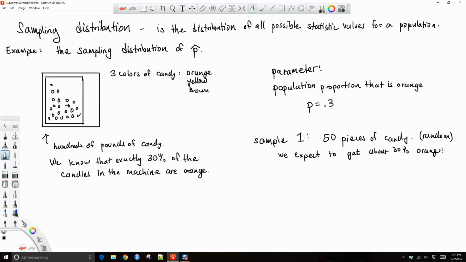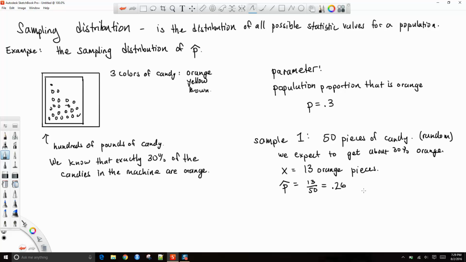We count and say x is equal to 13 orange pieces. My p hat, the sample proportion, is 13 divided by 50, which is equal to 0.26.